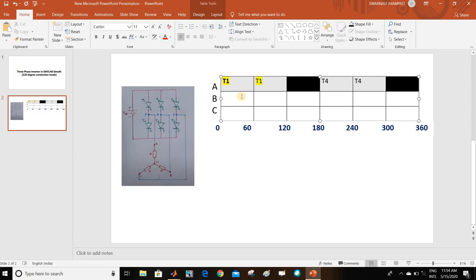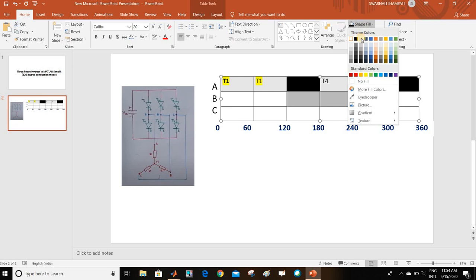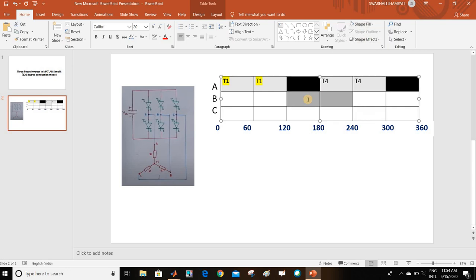Now coming to phase B. The difference between phase A and phase B is 120 degrees. That means if phase A T1 is triggered at 0 degree, T3 will trigger at 0 plus 120 degrees, a 120 degree phase shift. So T3 will trigger at 120 degrees and it will conduct for a period of 120 degrees, up to 240.